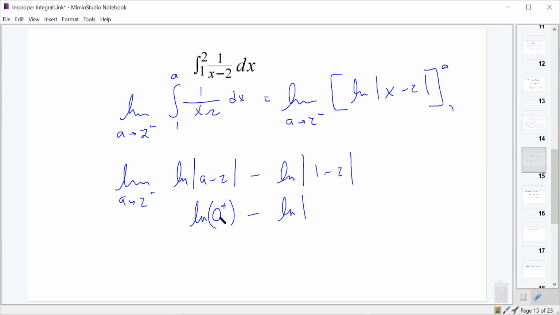And so this natural log as we approach 0 from the right is negative infinity, and then minus 0. And since this limit doesn't exist, we would then say that this diverges. Good or no? Can you explain where you get the 0 from the right?